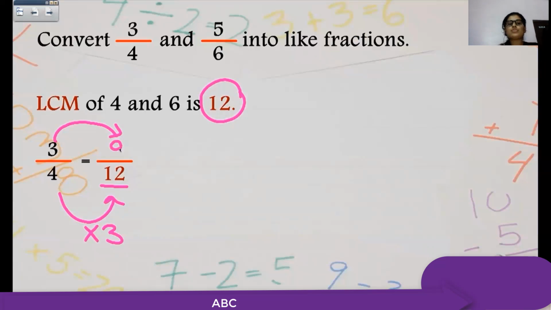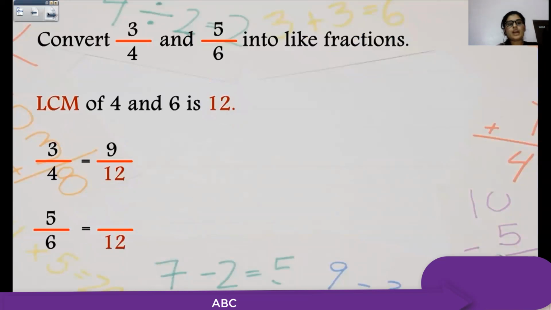So 3 into 3 is 9. So 9 by 12. Now 5 by 6. I have to make 6 as 12. What number do I have to multiply 6 by to make it 12? 2. Now I have to multiply this 2 with 5. 5 twos are 10. So 10 by 12.